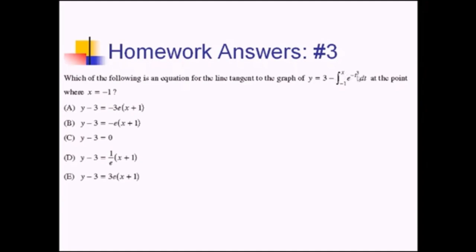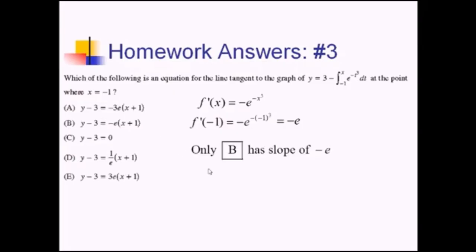And then if we want to actually find the slope at x equals negative 1, we have to plug negative 1 into this derivative. Negative 1 cubed is still negative 1, times a negative is positive 1. So this really all just comes out to negative e. Okay, well, that's our slope. Looking at our answer choices, there is only one answer choice, choice B, that has a slope of negative e.